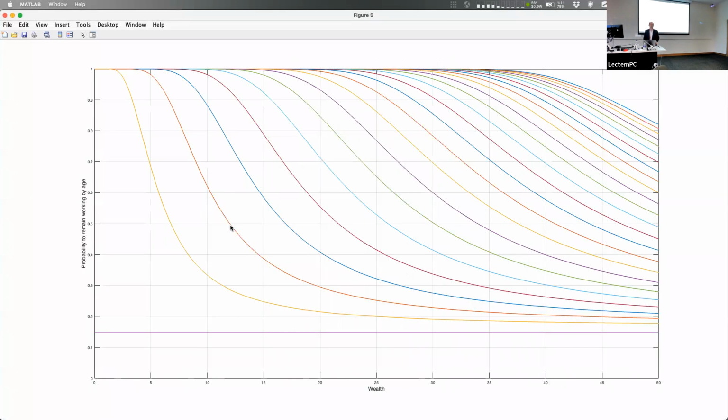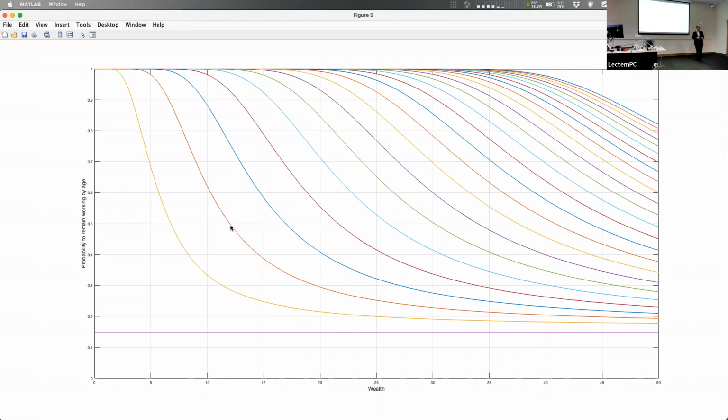As you can see here, these are the choice probabilities of retirement in different time periods. Different colors correspond to different ages; this is the choice probability of staying working, the probability to remain working by age. And so this 0 here, or very low rather, is the probability of remaining working in the last time period. Of course, it's very low, but not 0 because of the assumptions on the extreme value.